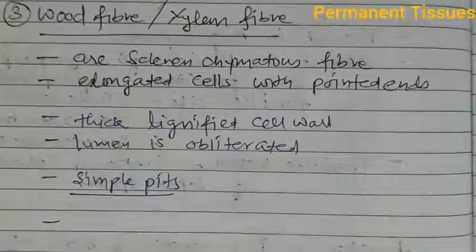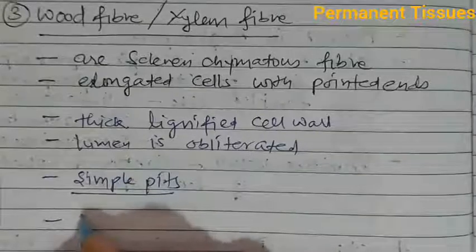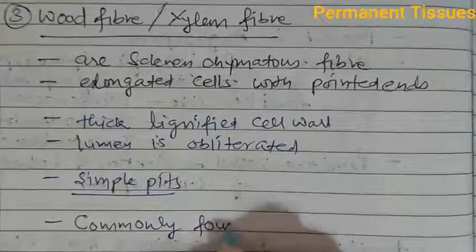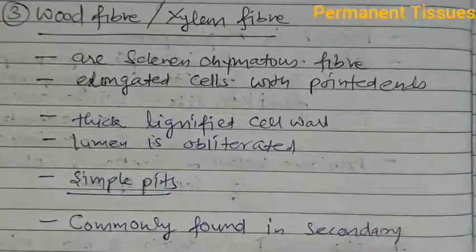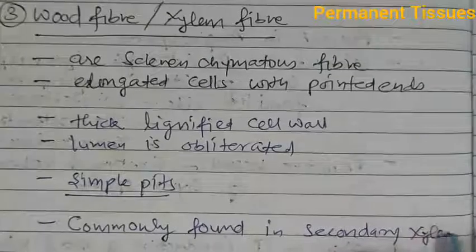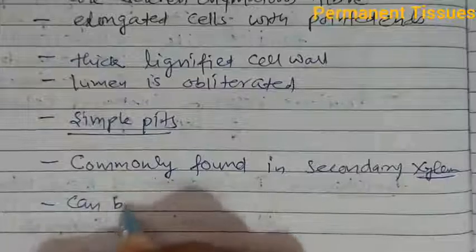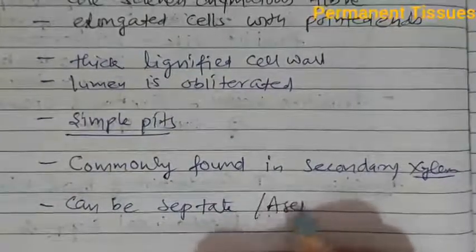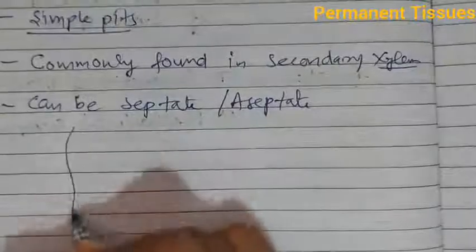This wood fiber or xylem fiber is commonly found in secondary xylem, and can be septate or aseptate. So if we see the diagram, it looks somewhat like this.